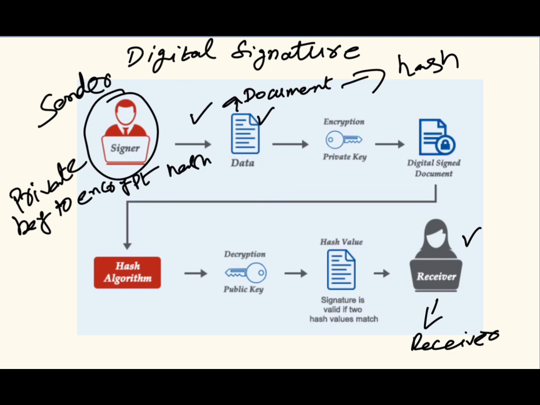So the sender generates a hash of the entire document using a hash algorithm, and then the hash is encrypted using the private key of the sender.